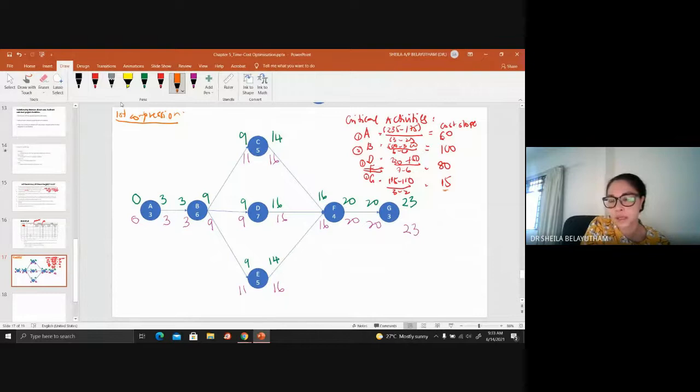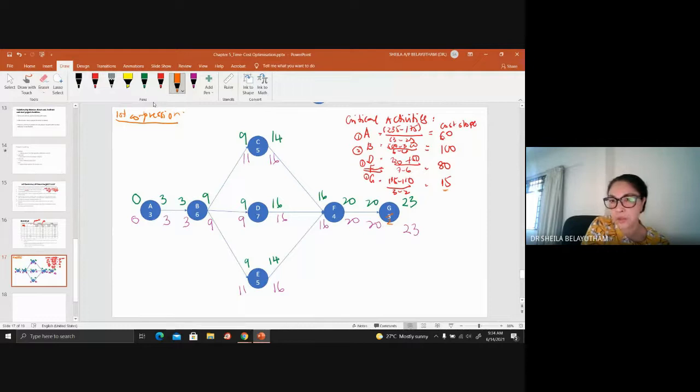So let's see activity G. This is activity G. You can reduce it maximum by 1 day, which means you can actually compress only 1 day. So the crash duration is 2, normal duration 3, and this is the lowest cost load. So I might select the first compression, activity G, because if I cut activity G, 20 plus 2, 22.